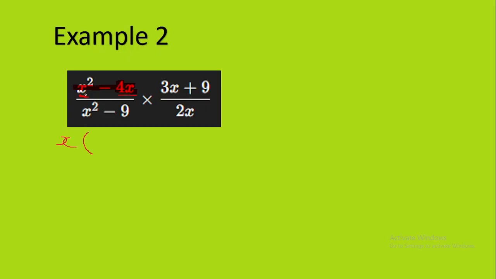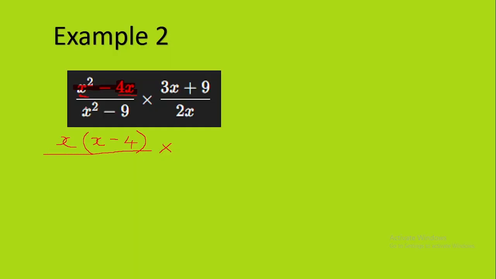Now after removing the x from the two terms, we'll just be left with x squared divided by x, that will just be x, minus x from 4x, you'll just be left with just a regular 4. And then we can write right here our numerator.